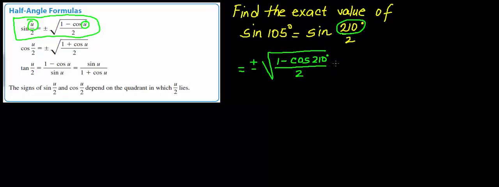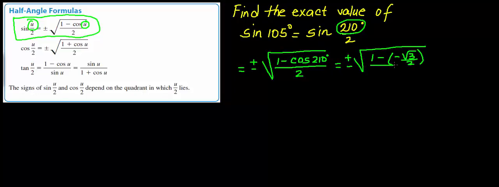Okay, so let's try and figure this out. This would be the plus minus square root. Now we're going to have 1 minus, and we need to find the exact value of cosine of 210. The cosine of 210 is negative square root of 3 over 2. Notice how I wrote the minus that's in the formula, and then in parentheses I wrote the negative value of that cosine 210.